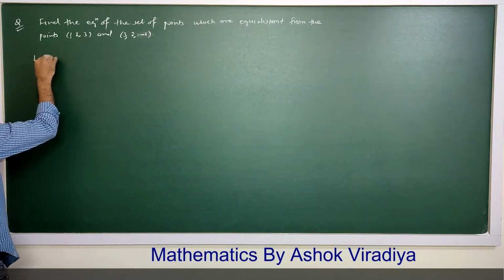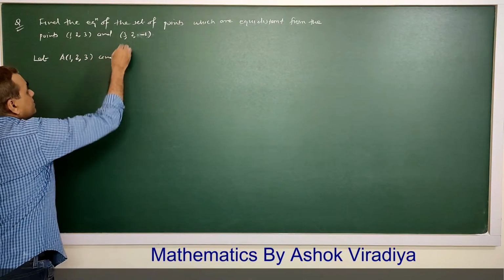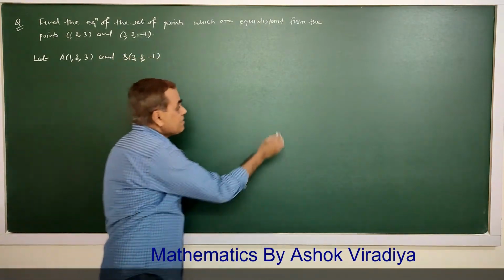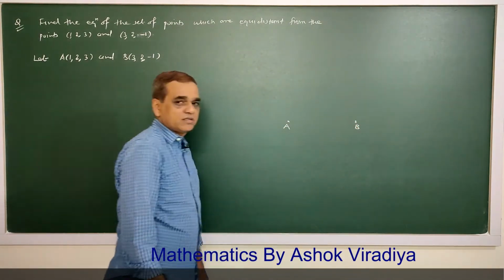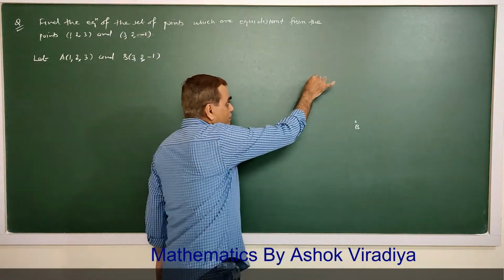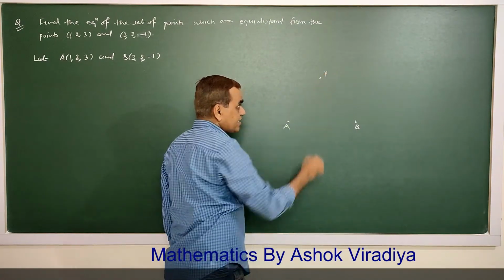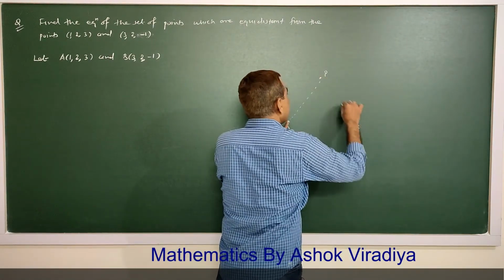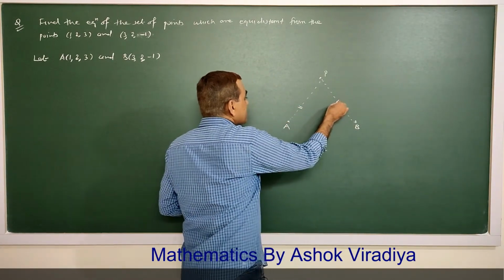We take this point as A and this point is B. A and B are given. These are fixed given points. Now we want the equation of the set of points. That means suppose this is the required point which is equidistant from A and B. So P is the point such that AP equal to PB.